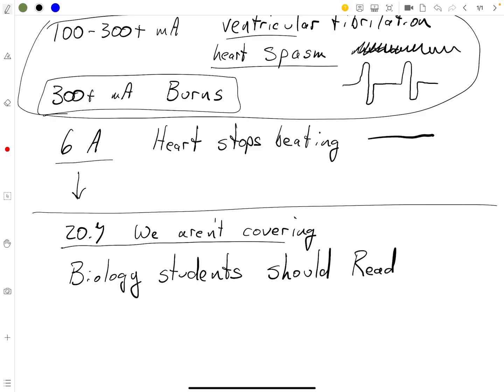Section 20.7. That's a 7, by the way. I don't know why I draw 7s like this. So that 7, 20.7, you want to read it. A biology student should read that bit. It's very important for future knowledge in your case.